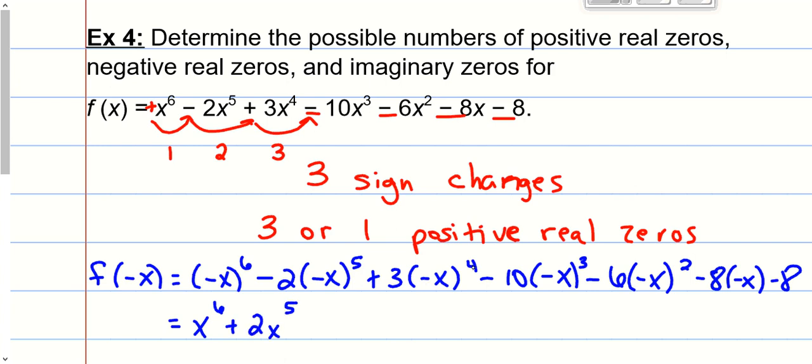Negative to an even power comes out positive, times positive is positive 3x to the 4th. Negative 10 times a negative x to the 3rd, so to an odd power, that's going to come out negative, and then when I multiply by negative 10, I get positive 10x to the 3rd. Negative x squared comes out positive, times negative 6 is negative 6x squared. Negative 8 times negative x is positive 8x, and then negative 8.